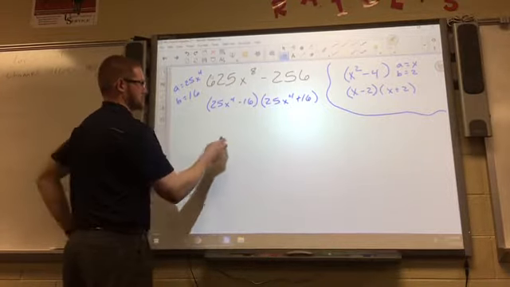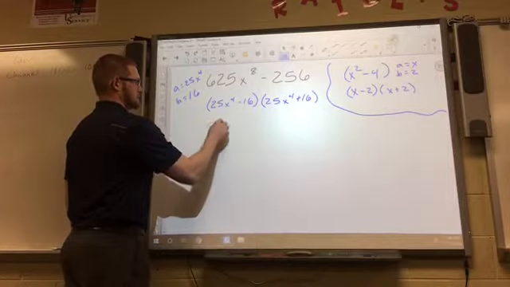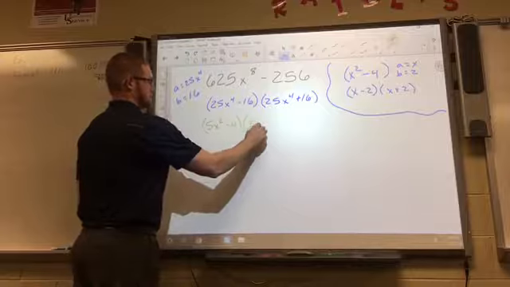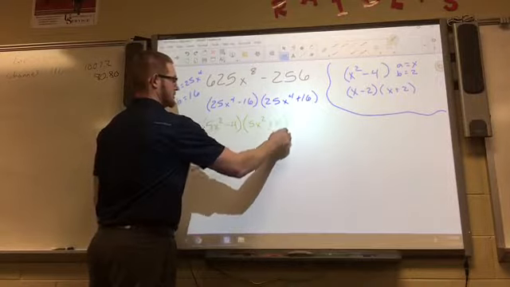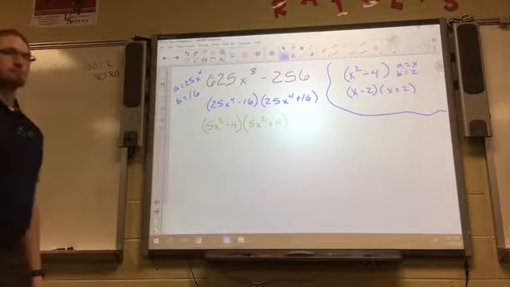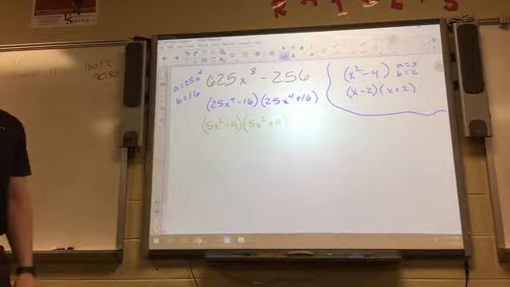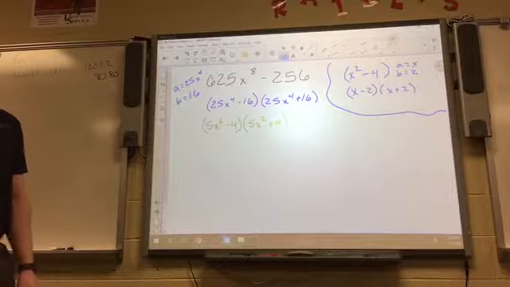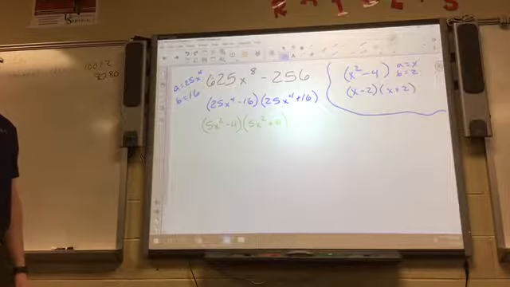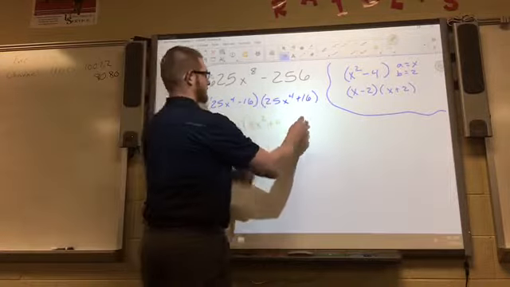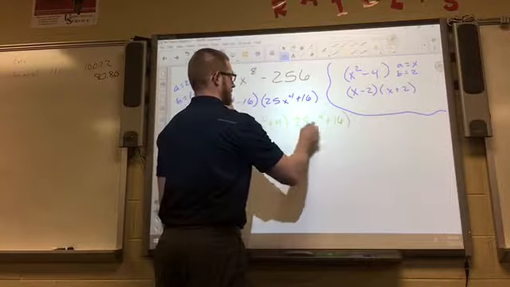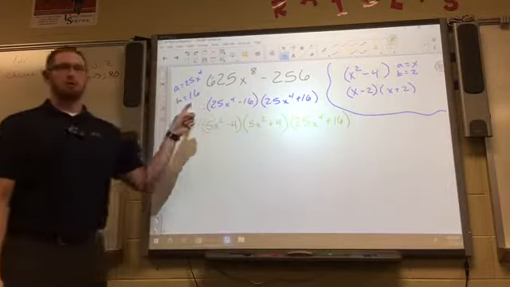Good. Is this one anything special? Are they all perfect squares? Yes. Is there such a thing as the sum of two squares, though? No, that is not anything we have learned. So I leave this as 25x to the 4th plus 16. It has to be a subtraction sign for this to work.